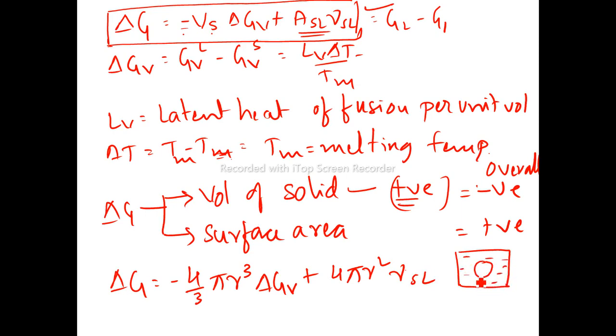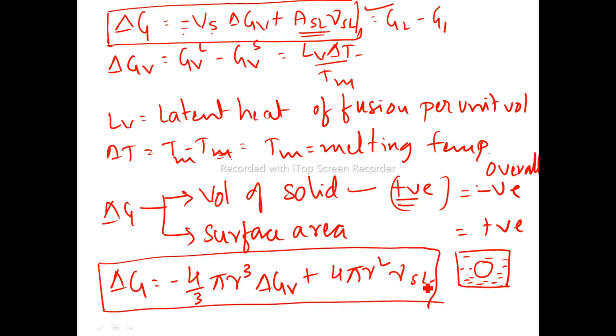We can consider different types of shapes, such as trapezium, square, rectangle. The volume as well as the surface area will change. So when we consider the sphere as our nucleus, the new solid, we get this equation.